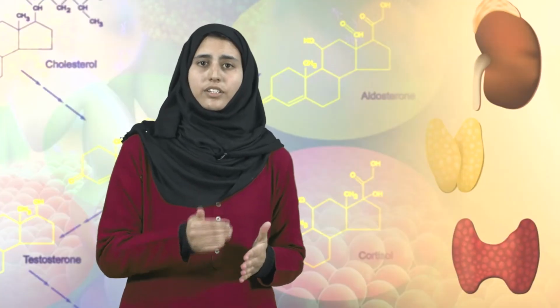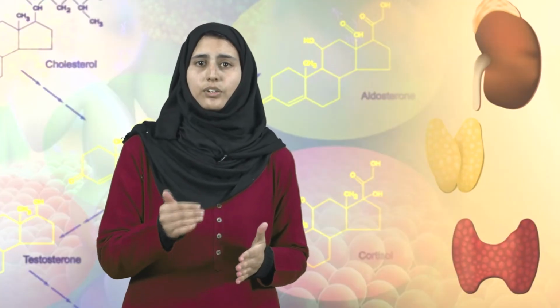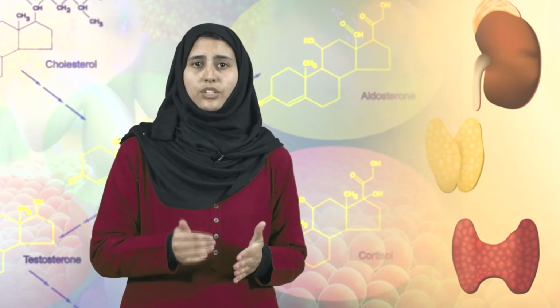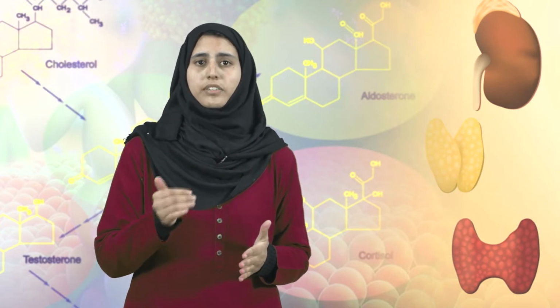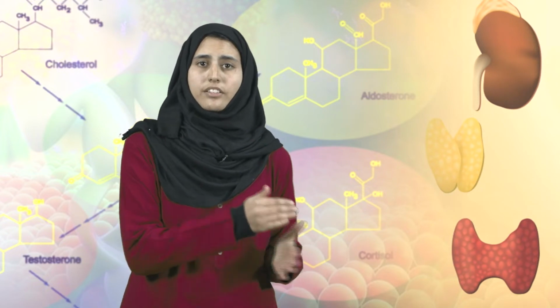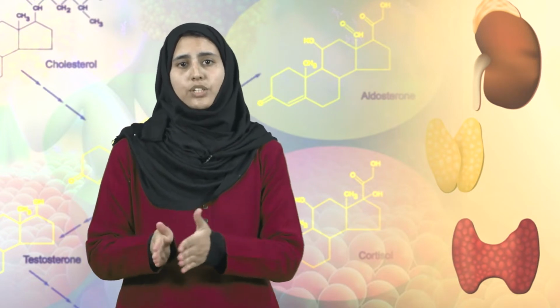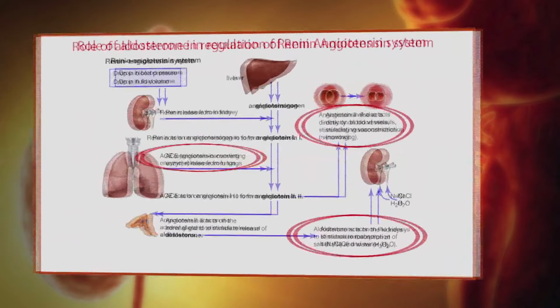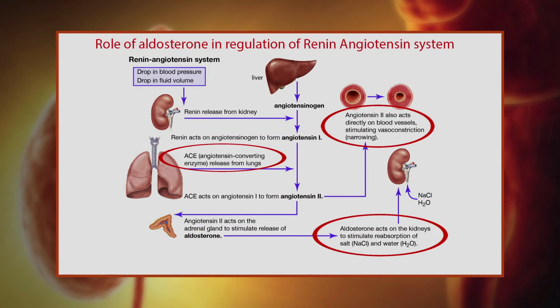Now, as the increased levels of angiotensin 1 circulate in the body, an angiotensin converting enzyme converts angiotensin 1 into the hormone angiotensin 2, resulting in an increase of angiotensin 2 levels in blood. It then stimulates the adrenal cortex to secrete aldosterone.